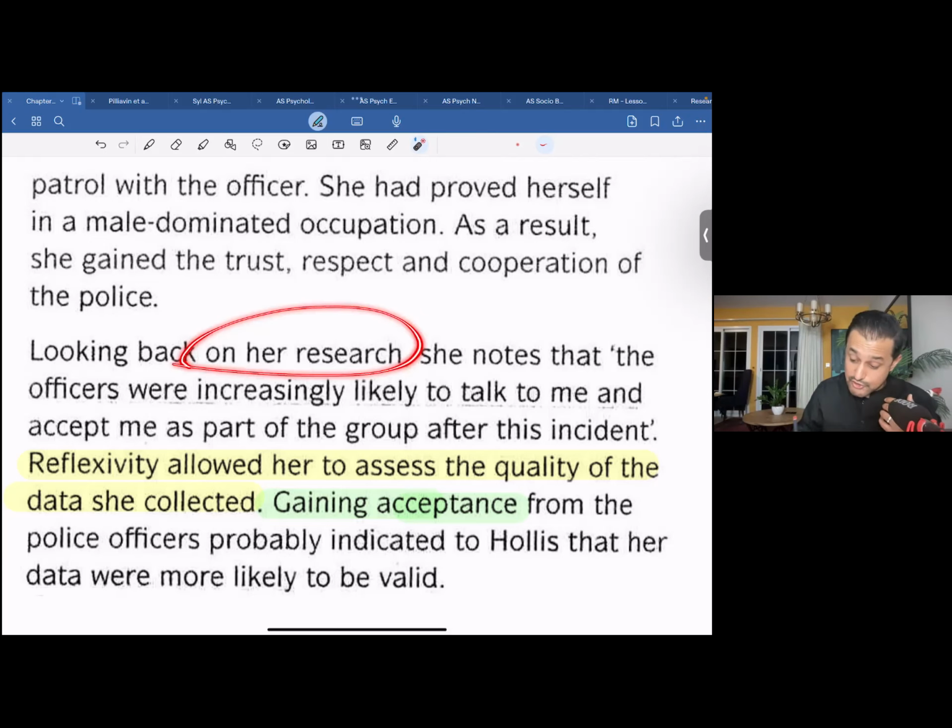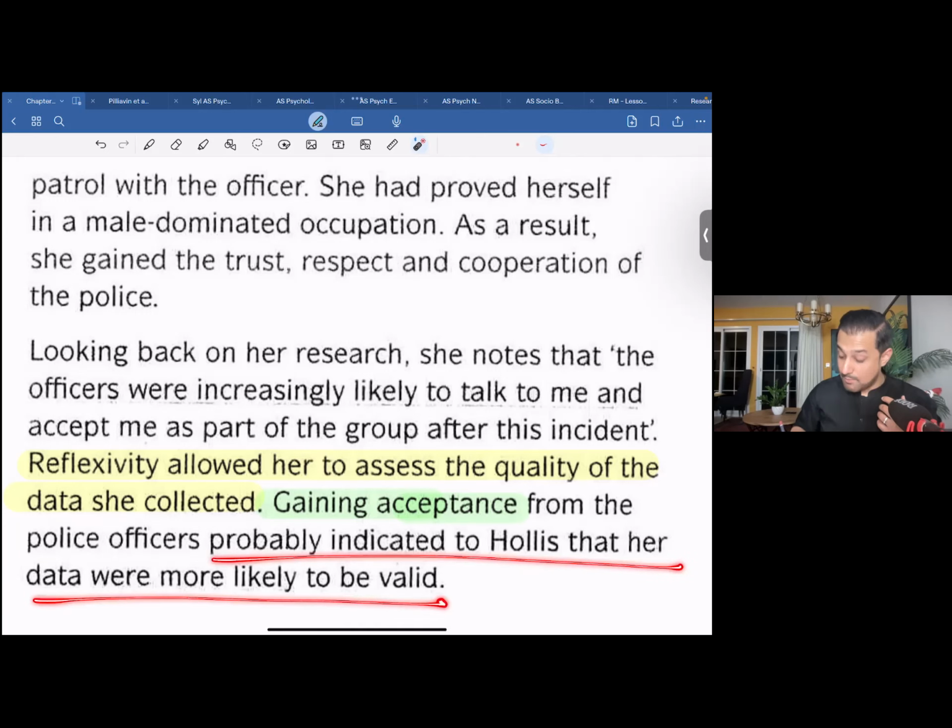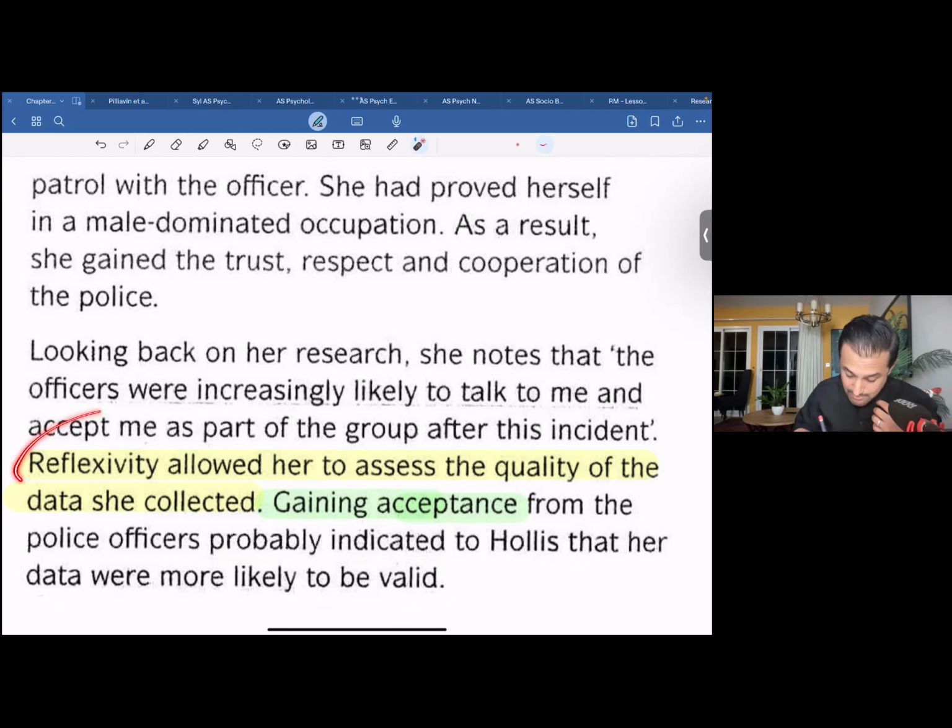Looking back on the research, she notes that the officers were increasingly likely to talk to me and accept me as part of the group after this incident, the accidental pepper spray incident. Reflexivity allowed her to assess the quality of the data she collected. Gaining acceptance from the police officers probably indicated to Hollis that her data were more likely to be valid, right? So reflexivity being put to use.